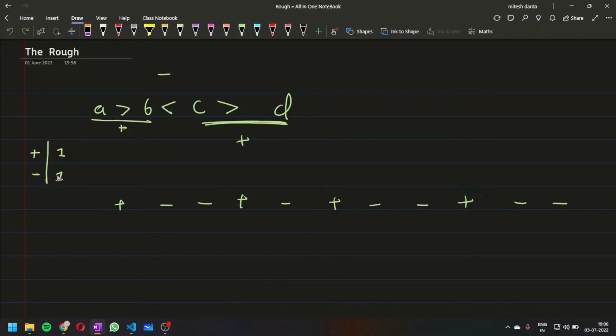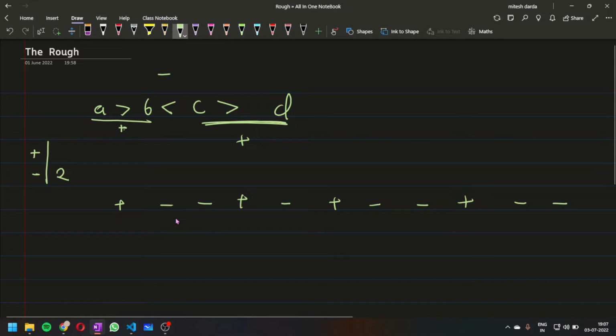So this is going to get incremented by 1, so this will become 2. Then when we encounter a negative value, we are going to increment our positive subsequence by 1 as well. So this is now 2.